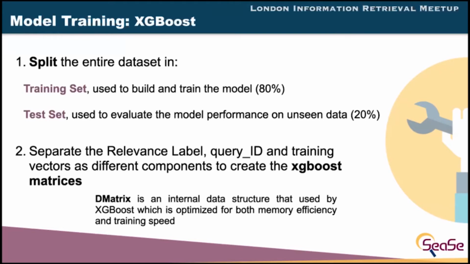We then separate the relevance label column, the query column, and the training vectors into different components to create the XGBoost matrices, the necessary structure to train the model with XGBoost for both memory efficiency and training speed.